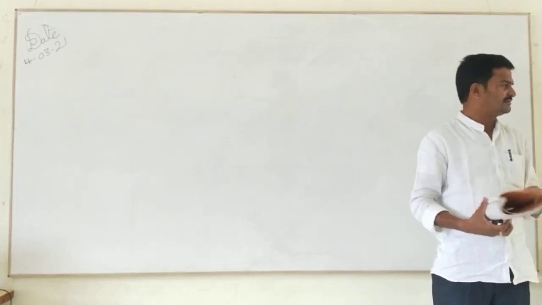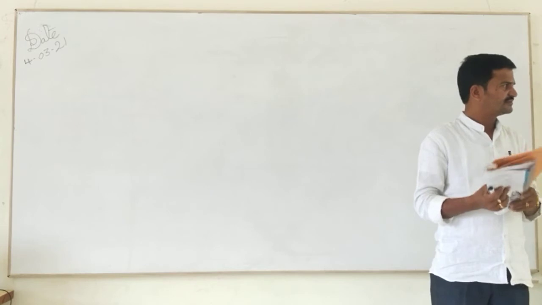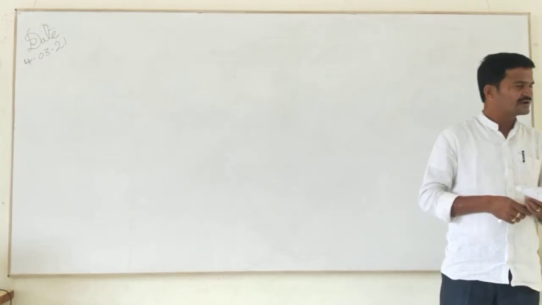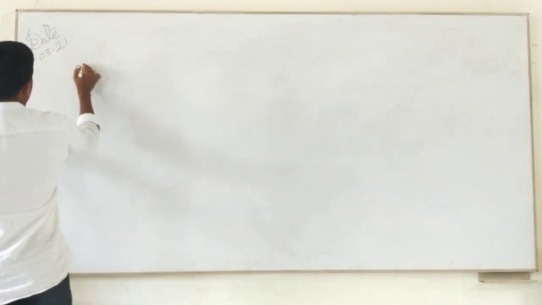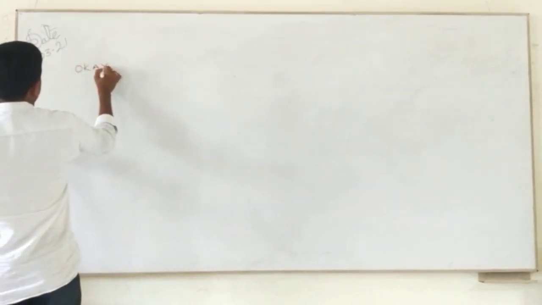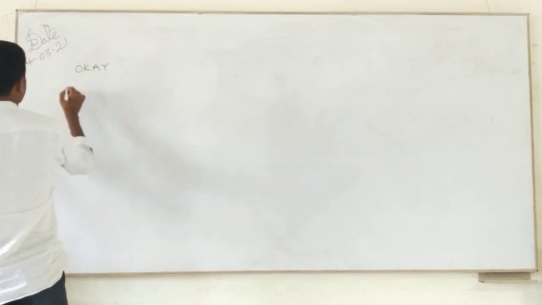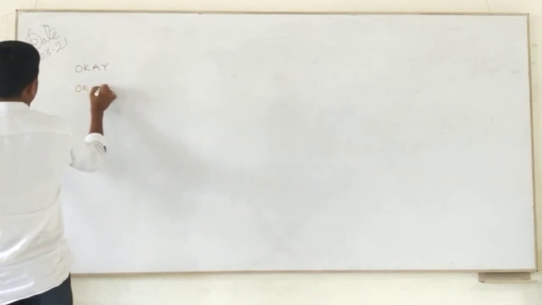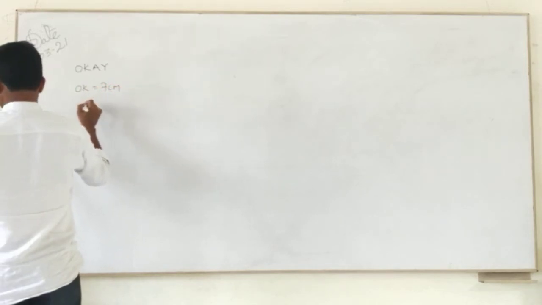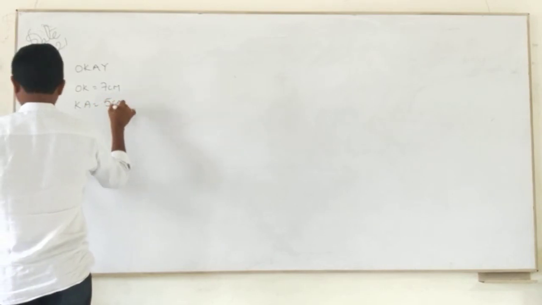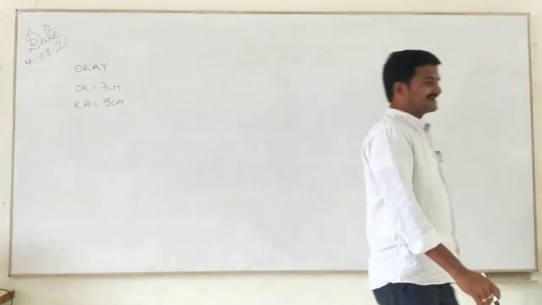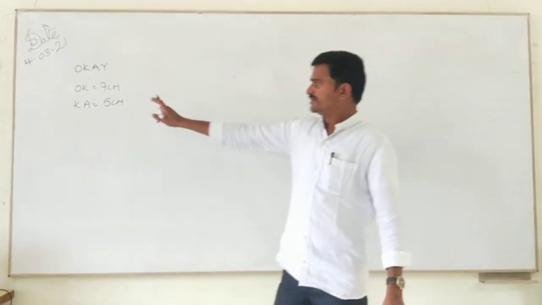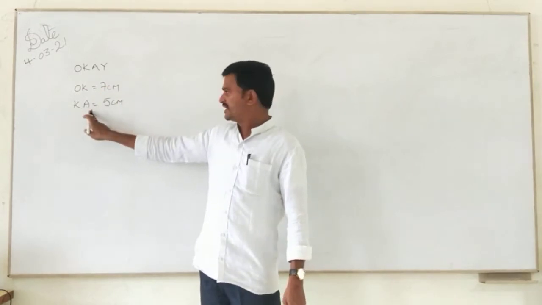Construct a rectangle OKAY, in which OK equals 7 centimeters and KA equals 5 centimeters.